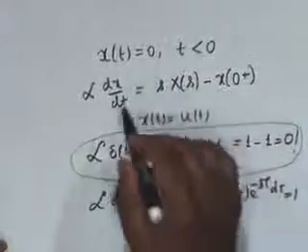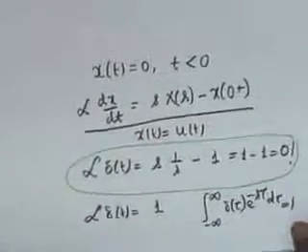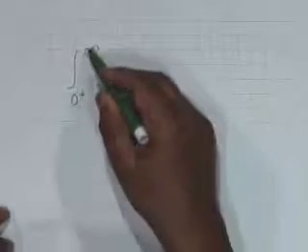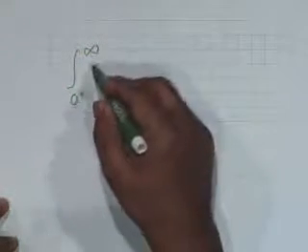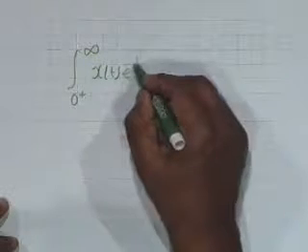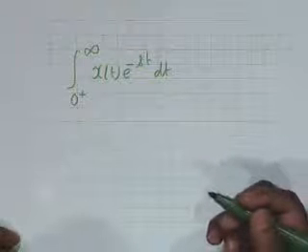The reason goes to the fallacy in the proof of this relationship. How we proved it was the following. We said that integral 0 plus to infinity x of t e to the minus st dt, we will integrate this by parts.